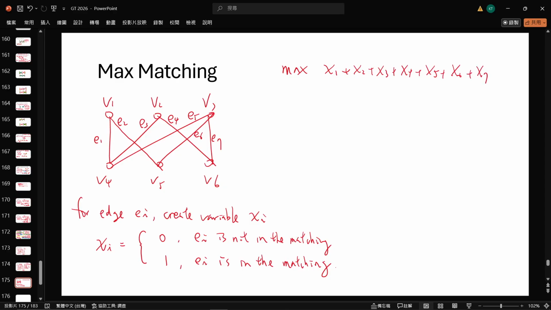Because if xi is 1, this means ei is chosen, and if it's 0, this means it's not in the matching.